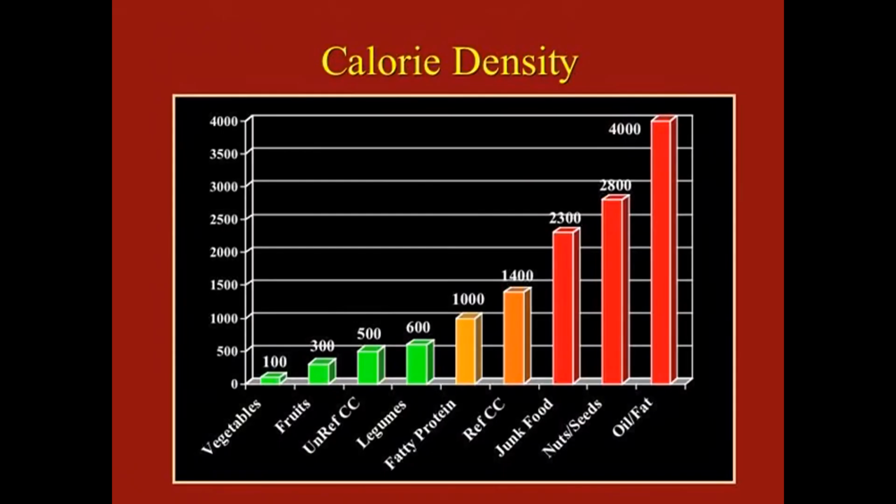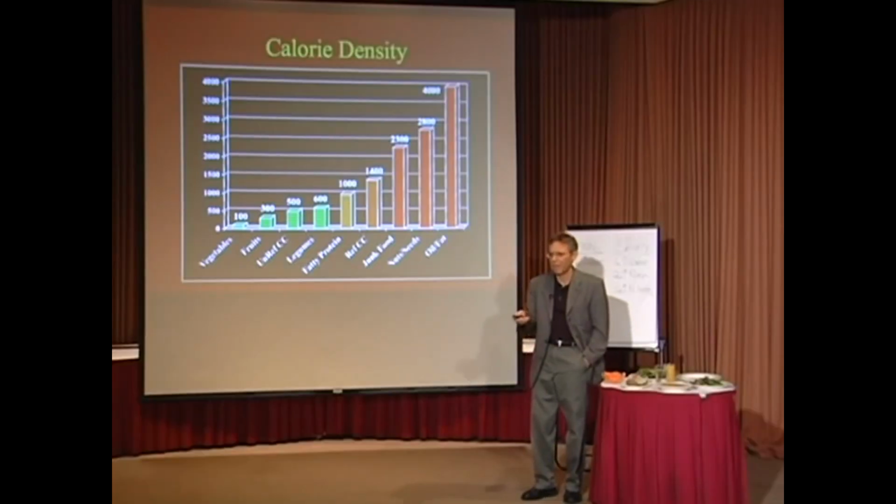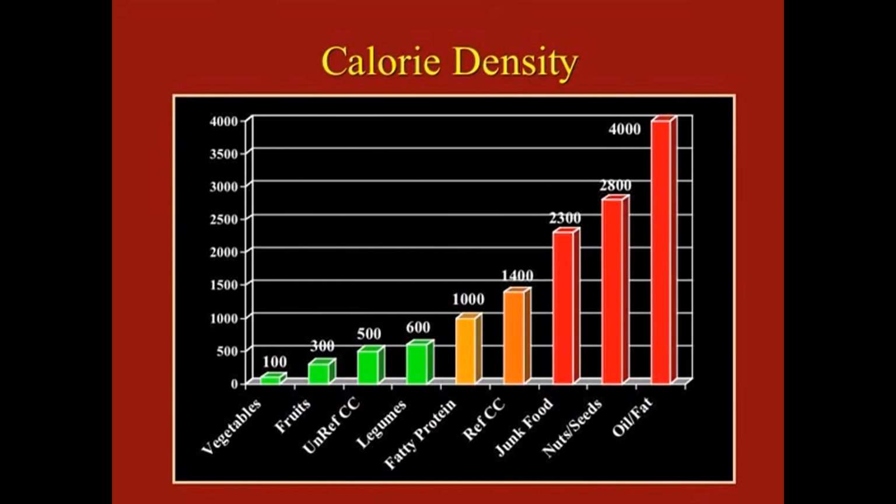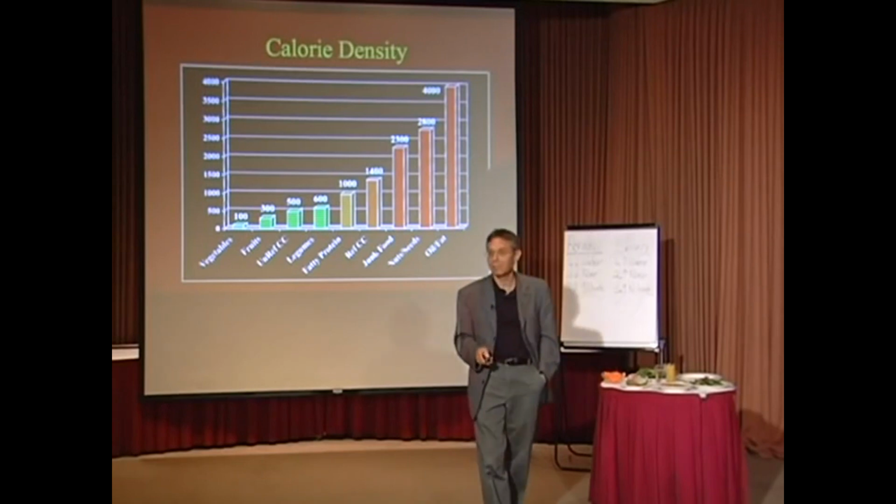Fatty protein, like you might get in a restaurant. When you start looking at some of the steaks they serve and all that, they could go up to 12 to 1,400. Leaner cuts might be a little less, so I rounded it off. Refined carbohydrates, bread, dry cereal, crackers, even if they're whole grain, 12 to 1,400 calories a pound.